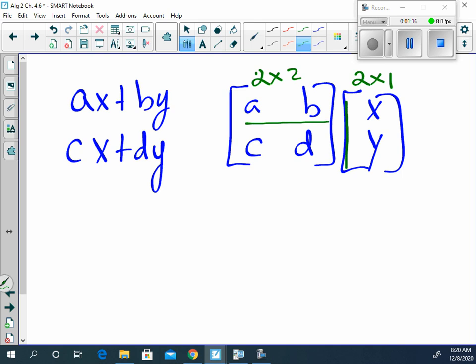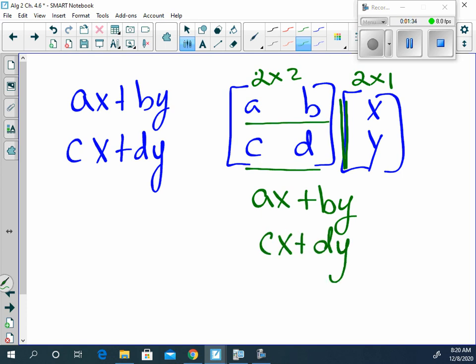So I'd have a times x plus what? B times y. Isn't that what I had at the start? AX plus BY. Let's do the other one. Over and down. C times x plus D times y. Don't I get back to the same thing? So I can rewrite systems of equations as this form here.